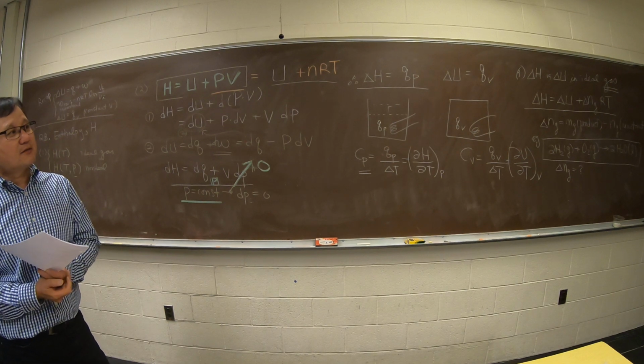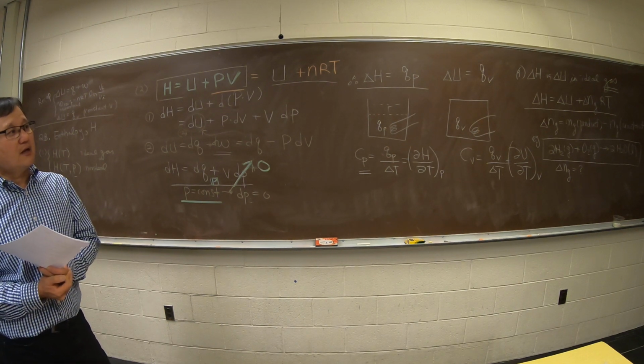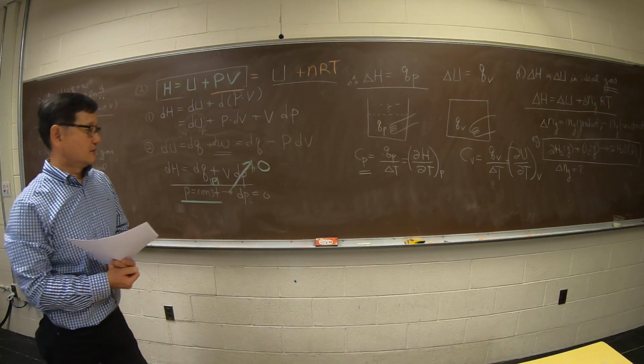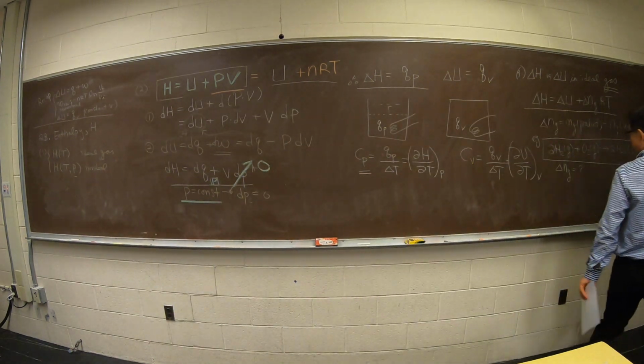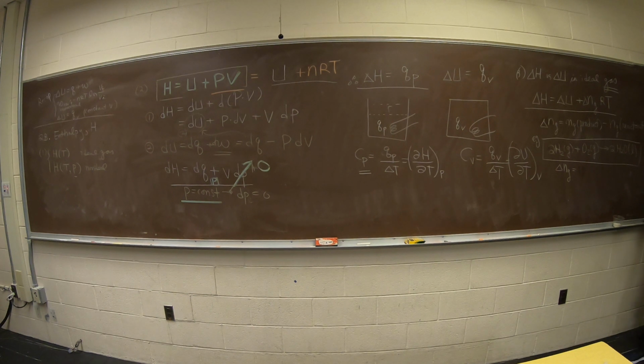How many moles of gas do you see as a product? That's right. Somebody said 0, and it is right. No gas. What about how many in the reactant? 3. 3, right? 2 plus 1 is 3.